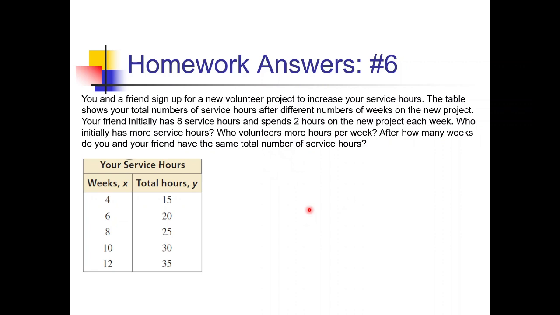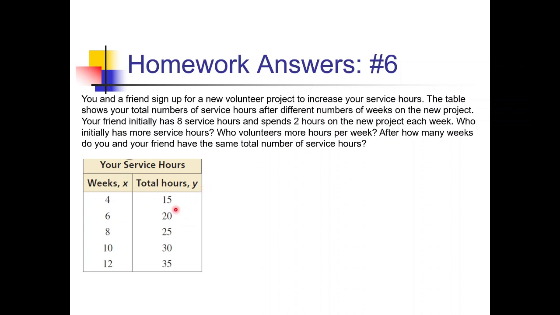Okay. So let's start off by getting an equation for how many hours you've spent. To do that, we need a y-intercept, which we don't have initially, but we can get it pretty quickly. We also need a slope. The slope would help us get the y-intercept. So to get the slope, we're just going to take 2 points in this table and use our slope formula.